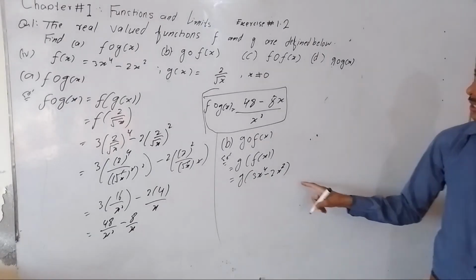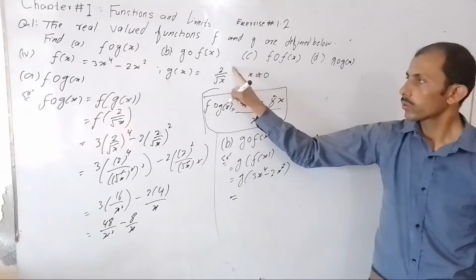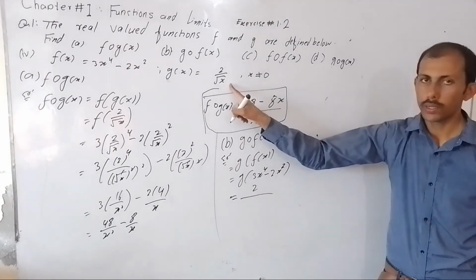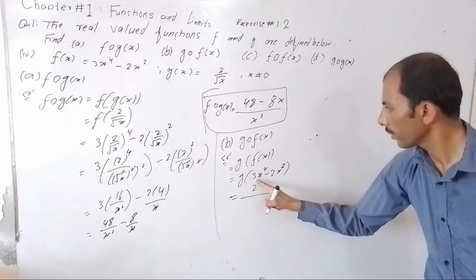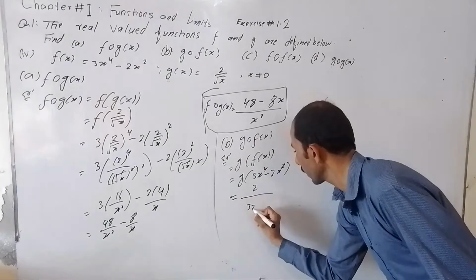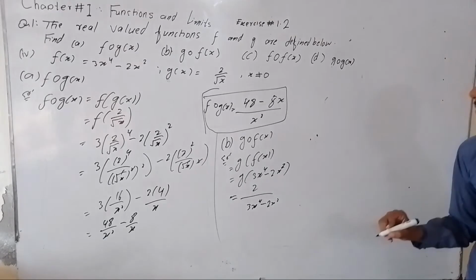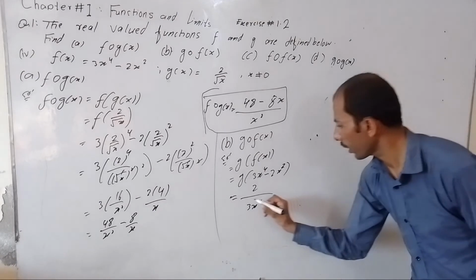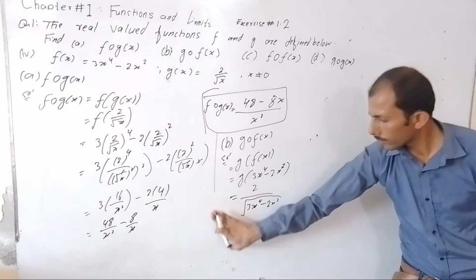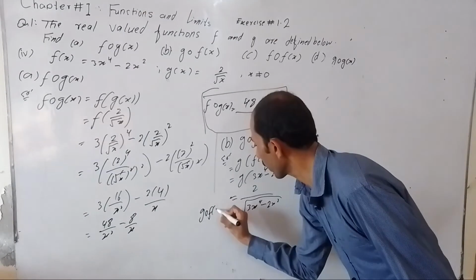So put in g, which is equal to 2 divided by the square root of x, x replaced by 3x power 4 minus 2x squared, whole under root. This will be equal to g of f of x.